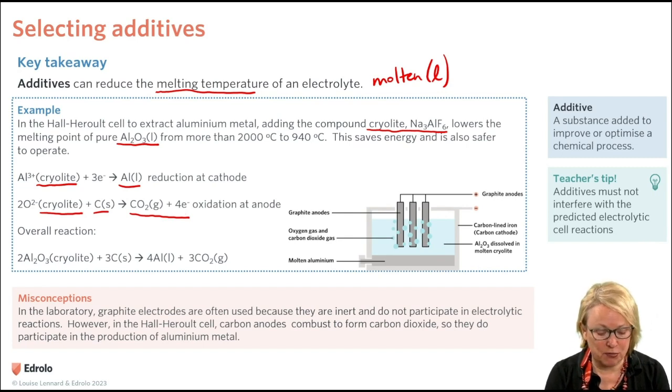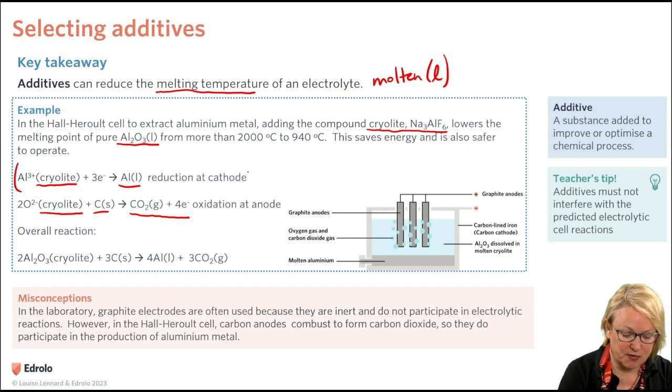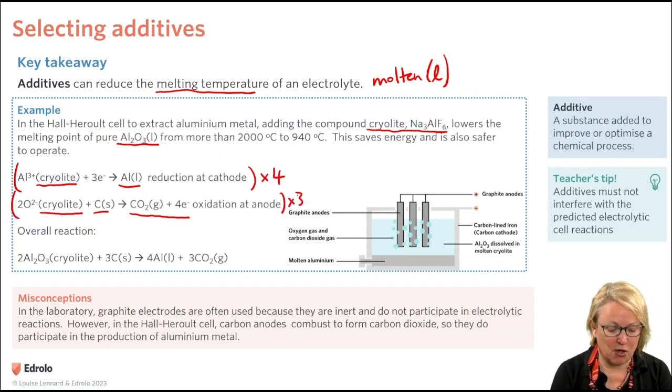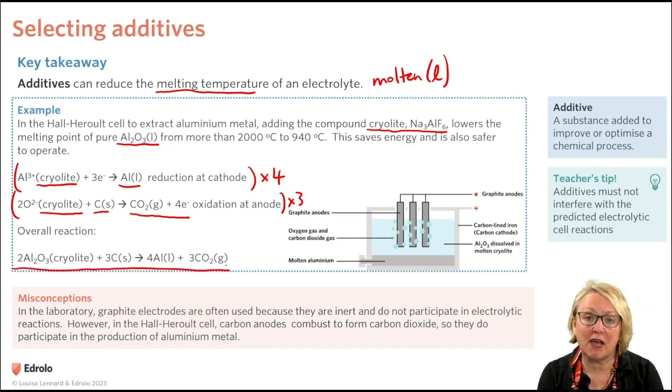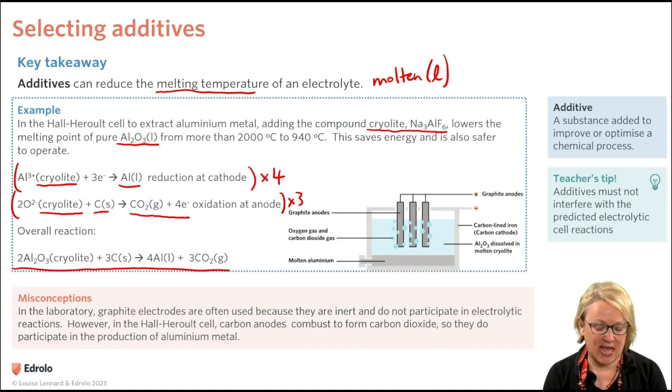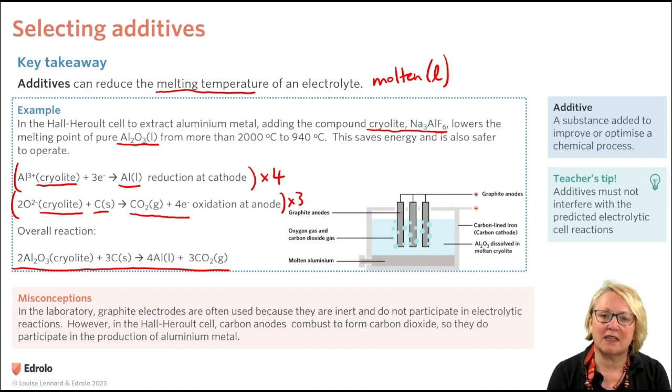So overall, we multiply the first reaction by 4, the second reaction by 3. Our overall reaction is molten aluminium oxide in cryolite reacts with 3 carbons to produce 4 aluminium metal liquid and 3 CO2.